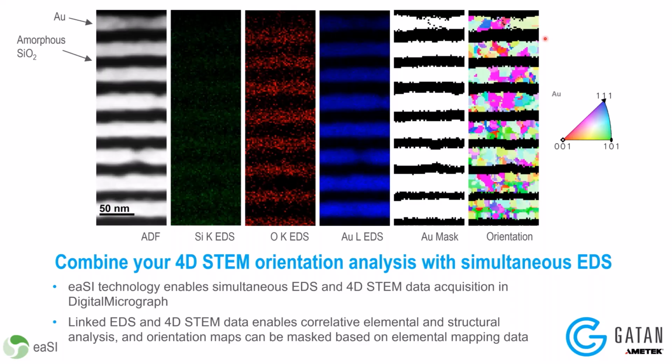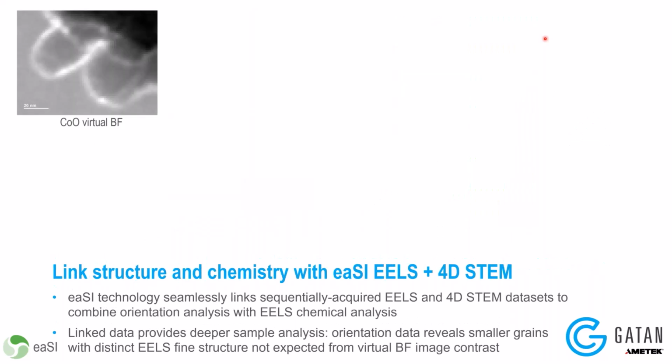So that's one really basic way of how we can, for example, use EDS data to inform the orientation analysis that we're doing, by having these data sets acquired simultaneously and linked together automatically by the DigitalMicrograph, which is what we call eaSI technology. So that's EDS, but we can also do EELS.